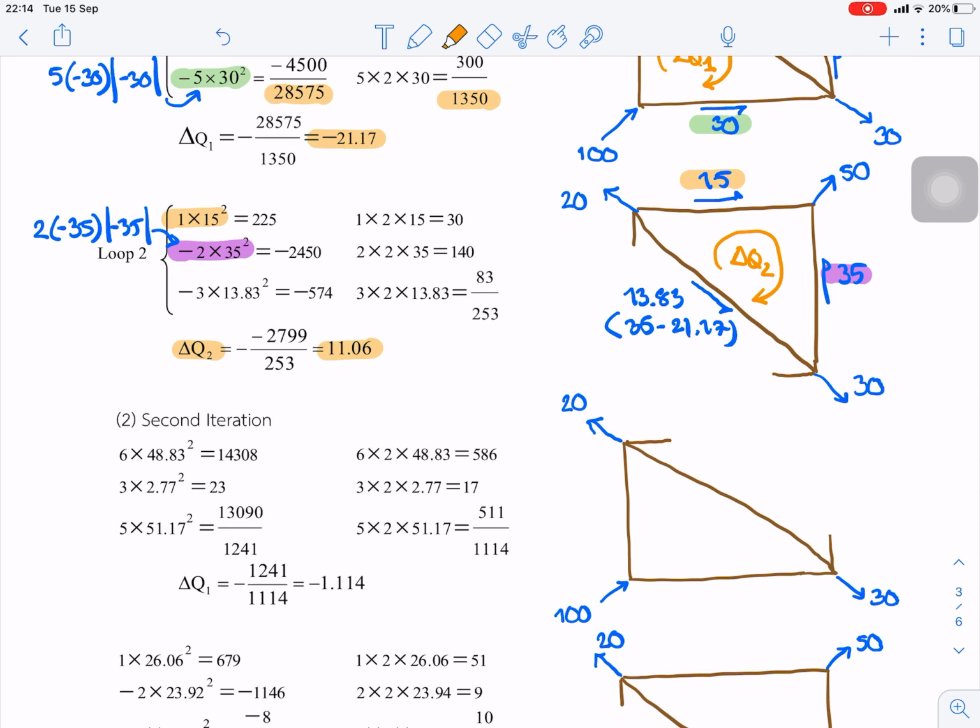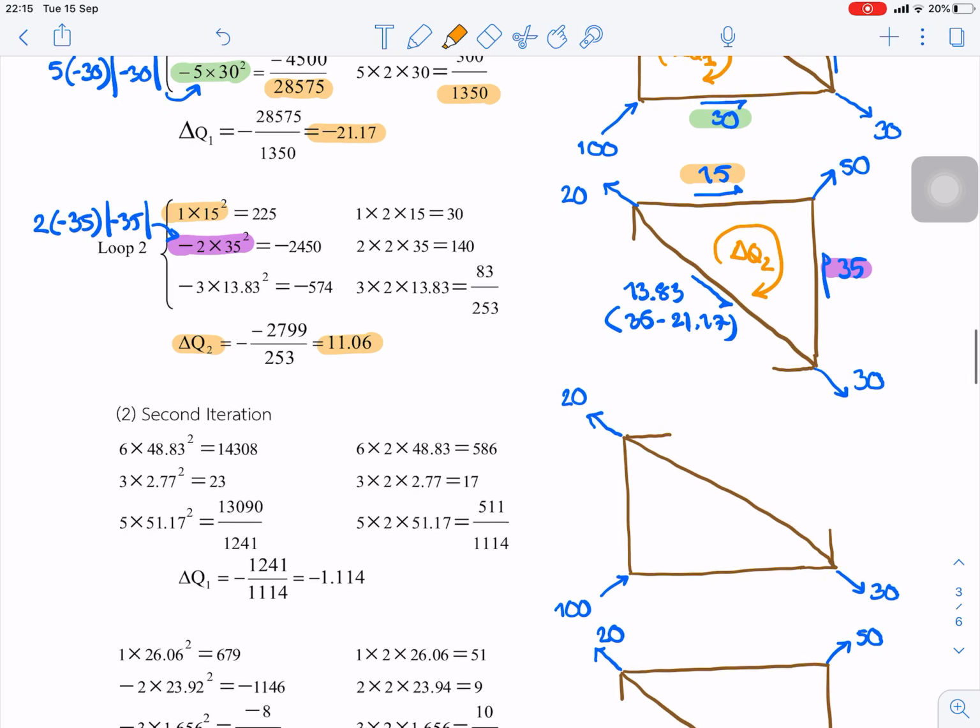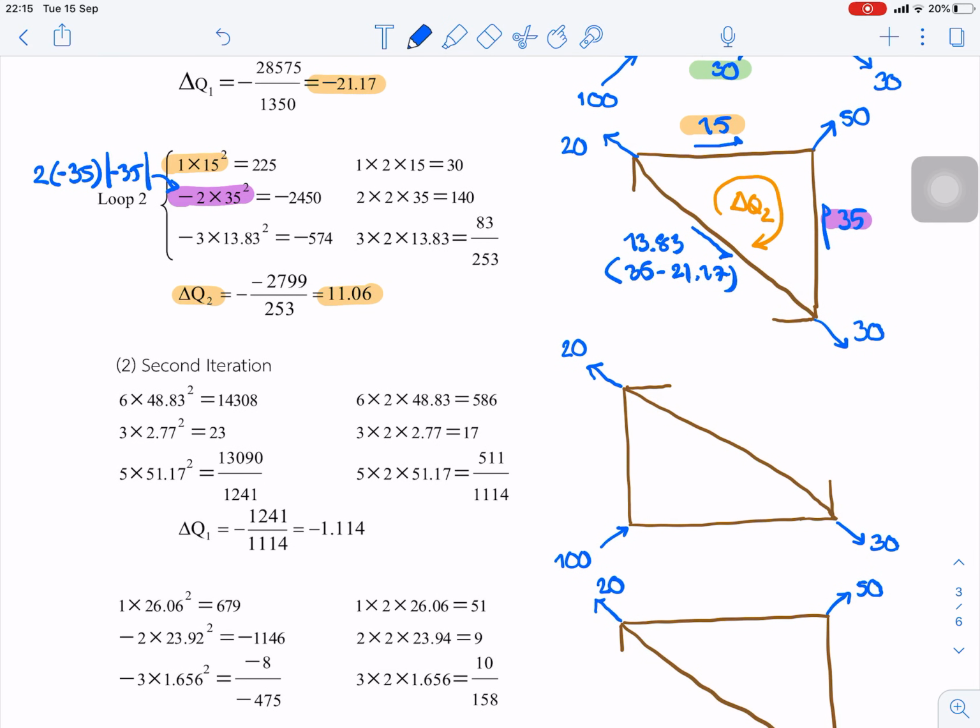In this case it means a positive sign, but in our case this one is the negative sign, so the correction should be 13.83 subtract 11.06.